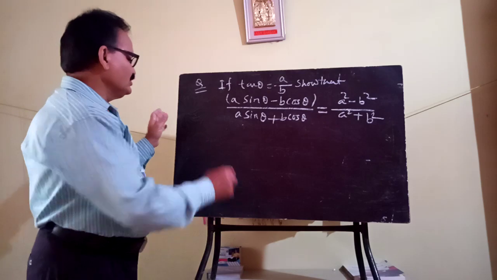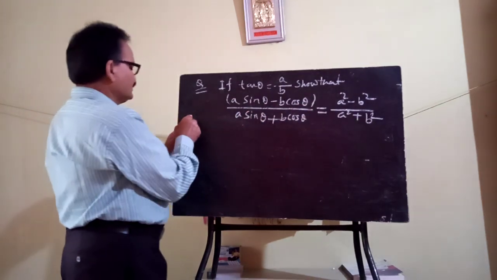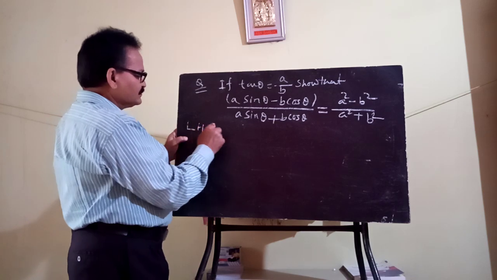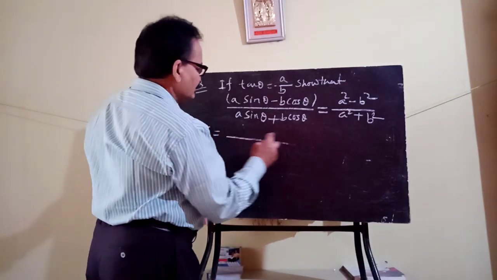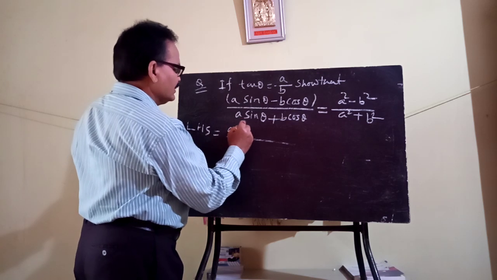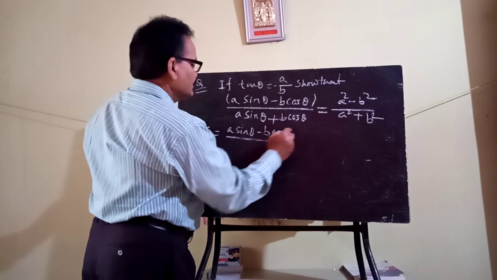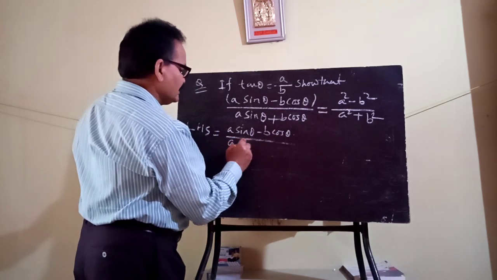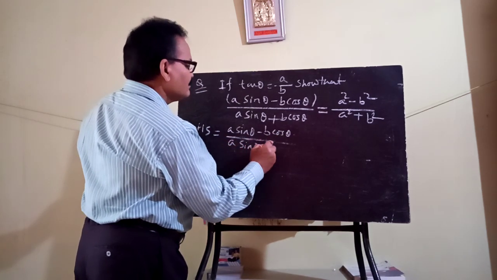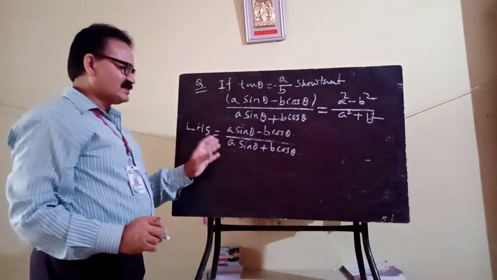Okay, so you have to write LHS first. You have to prove this one. LHS is your A sin theta minus B cos theta by A sin theta plus B cos theta. You have first written.